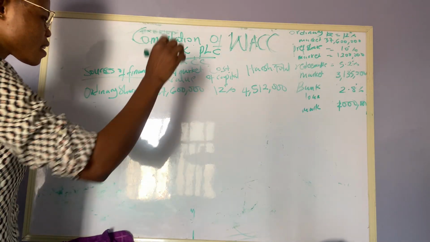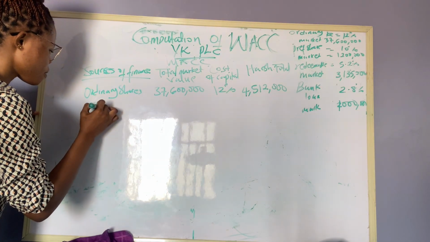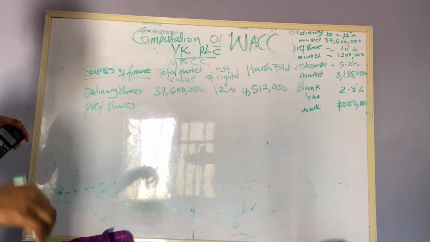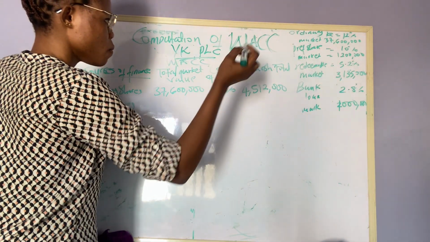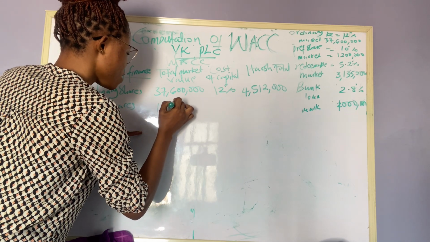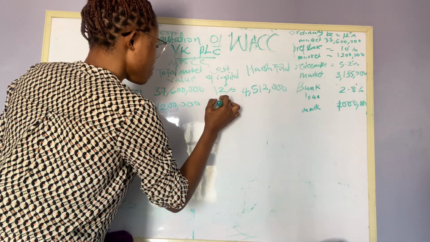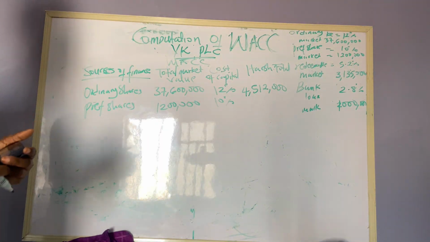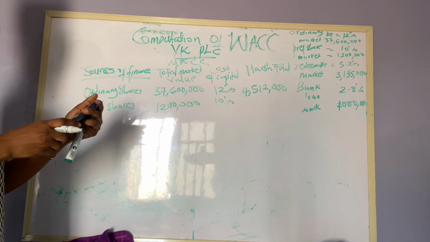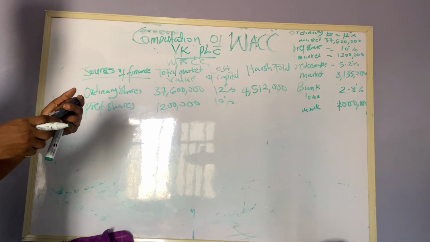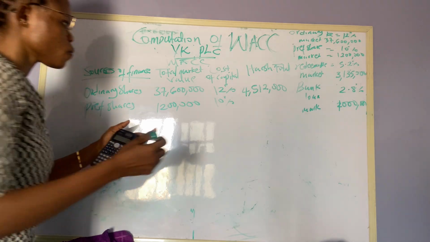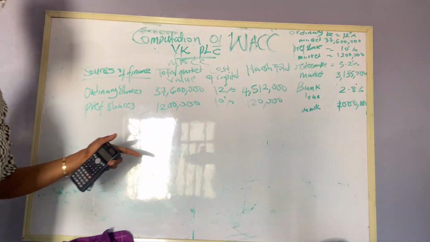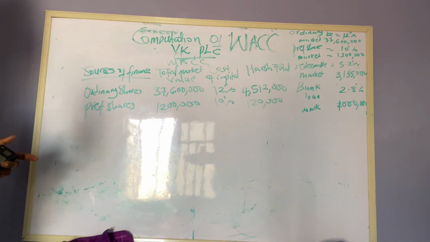Our other source of finance is preference shares. The market value was 1.2 million, and we have a 10% cost of capital, so we have 120,000.